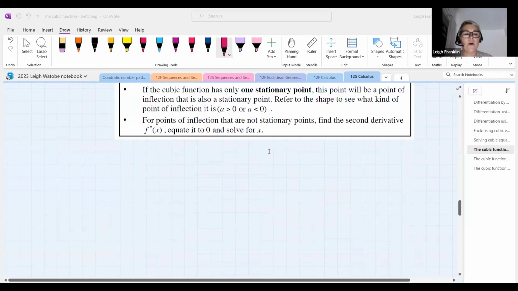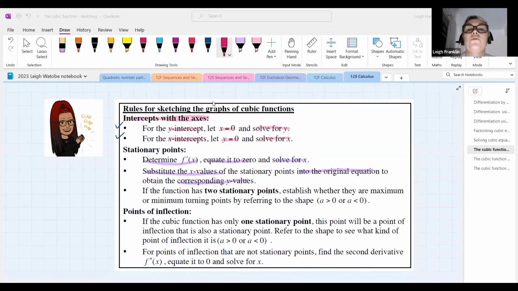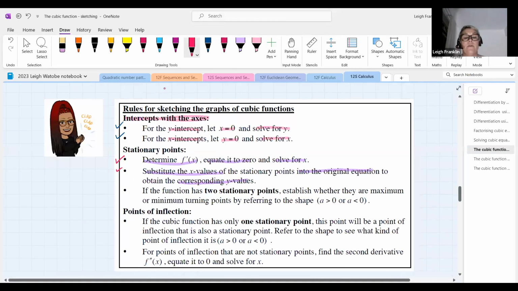So how far are we? We have found the coordinates at the stationary points or turning points. Good, Nicole. Good, Katlejo. Now, as far as the point of inflection is concerned, you do not need to show it when you sketch a cubic function, unless they ask you to.